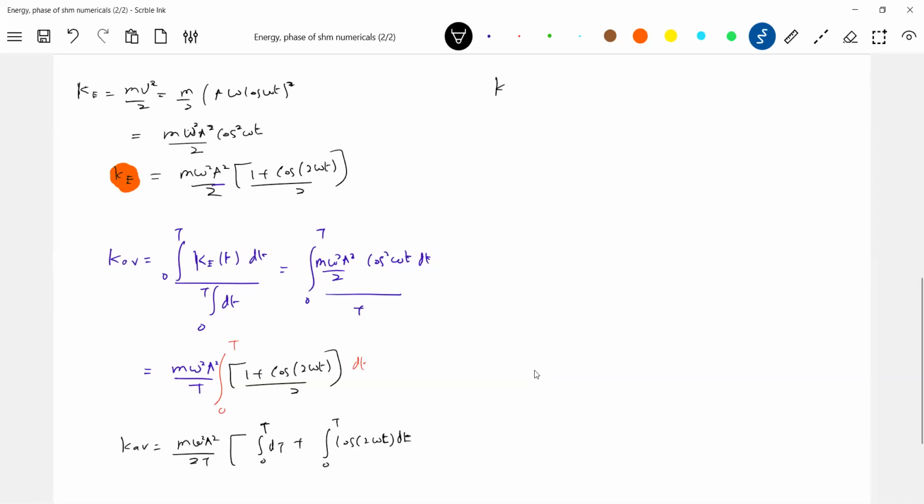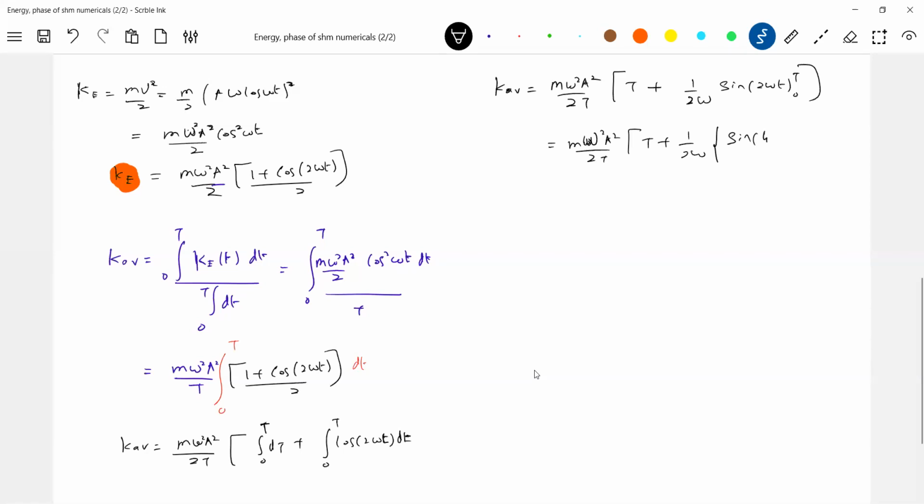Fine. So this is the very basic fundamentals everyone must know. Integral of dt will be t. Integral of cos 2 omega t will be how much? 1 by 2 omega, sine 2 omega t. Now what is 2 omega?